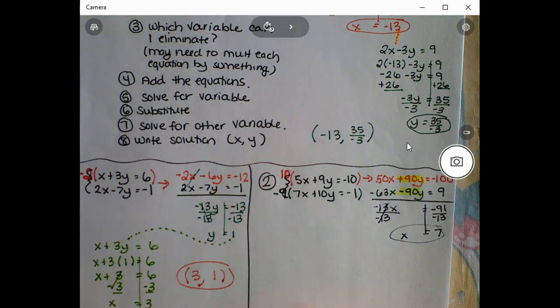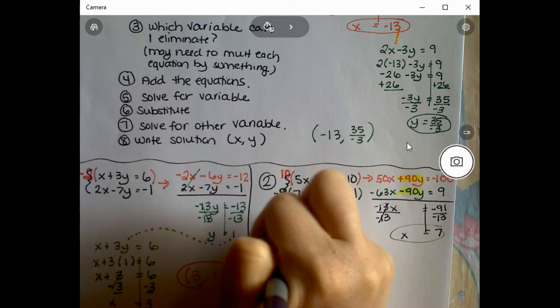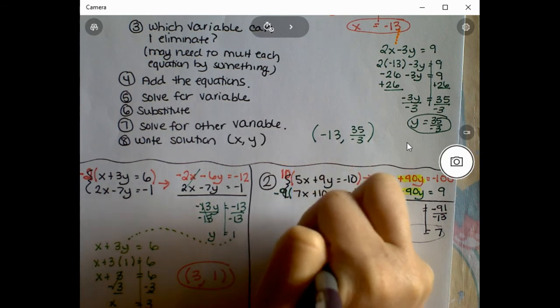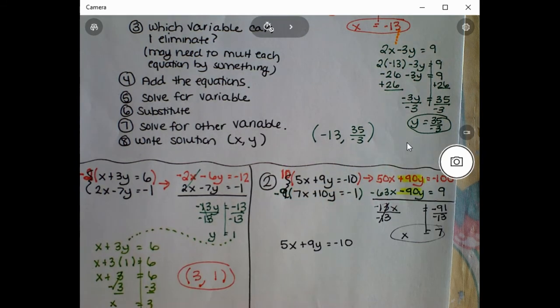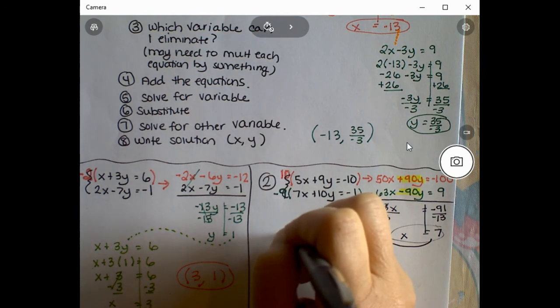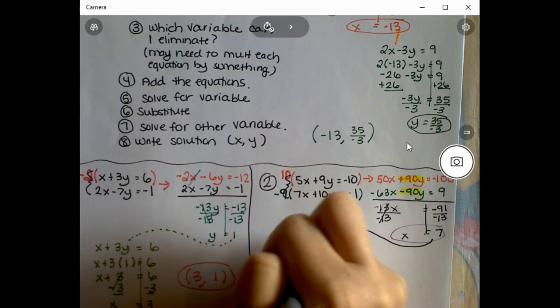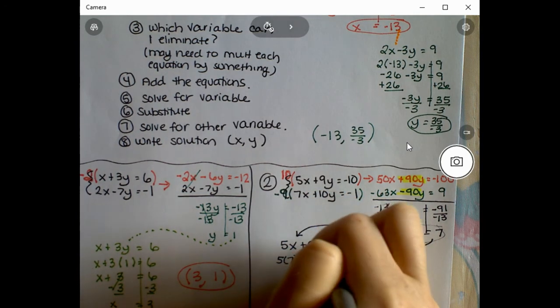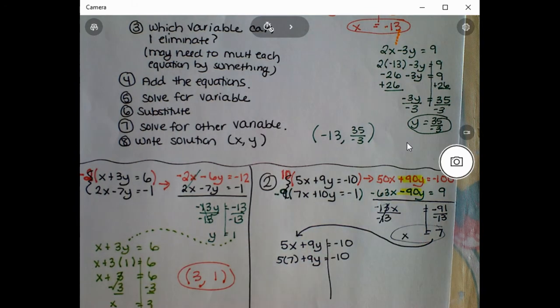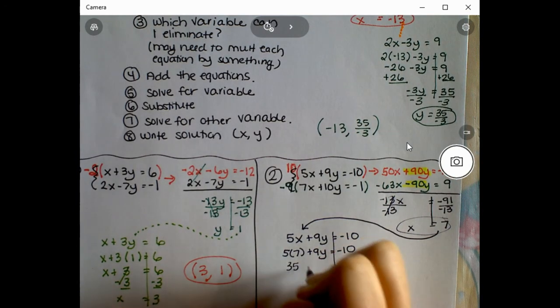Okay, next step. Write one of the original equations. It does not matter which one, so I often just choose the top. And substitute everywhere we see an x, we can put a 7. Okay, 5 times 7 is 35.